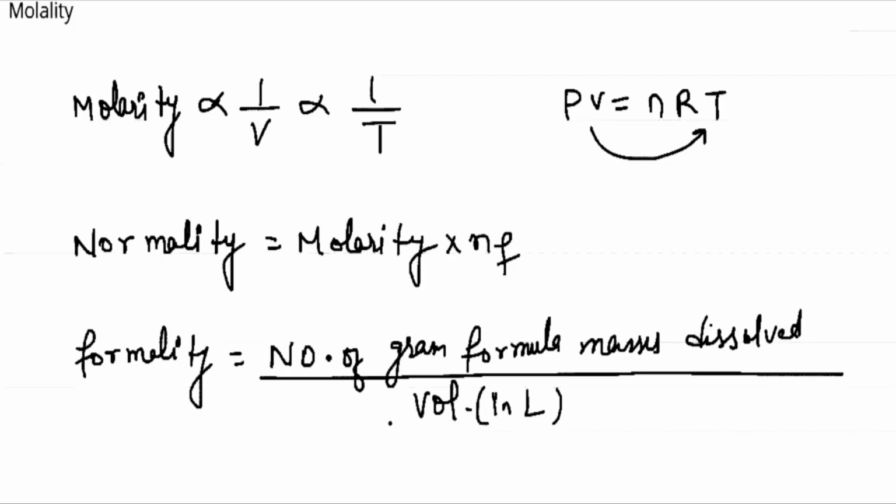So we can see that formality depends upon volume, and volume is directly proportional to temperature. So it is also dependent upon temperature. So this is not correct.